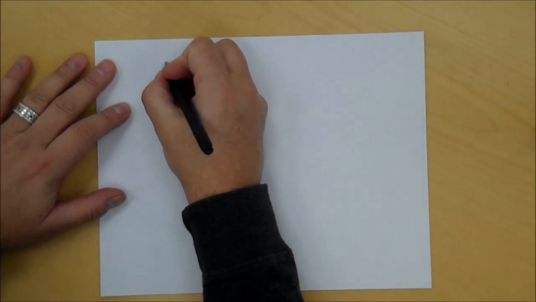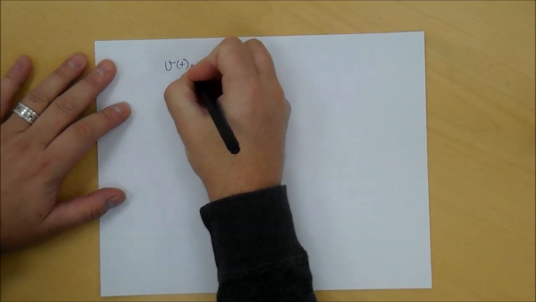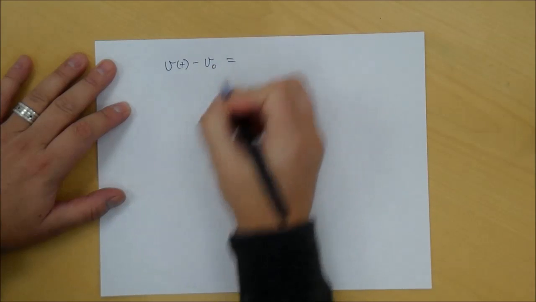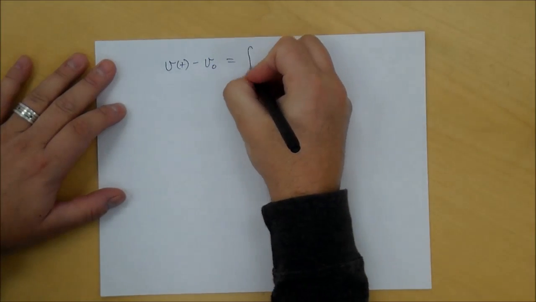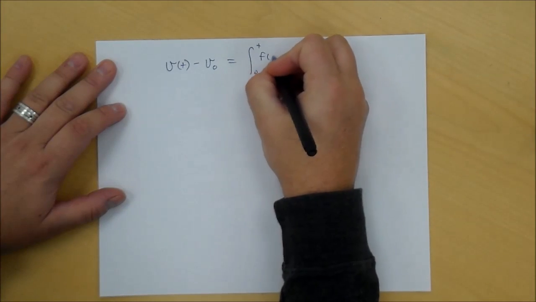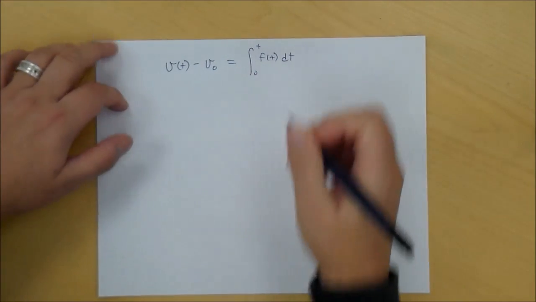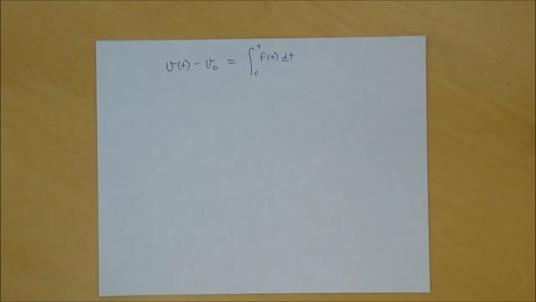So if I do that, performing the integration results, the left-hand side is going to be v of t, the final, minus v naught. And the result of doing the integral is just the integral 0 to t, f of t, dt. I can't reduce that any further until I'm given a specific form of that function, f of t.